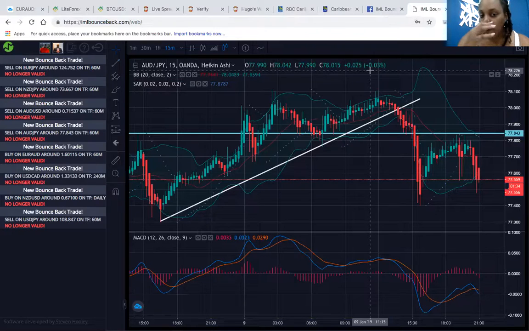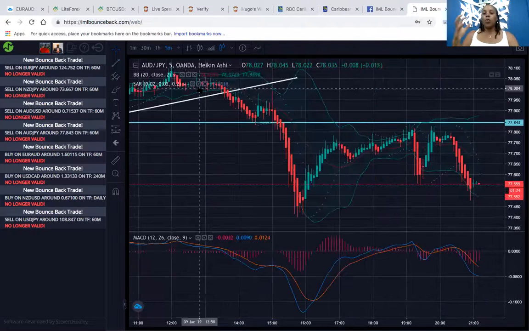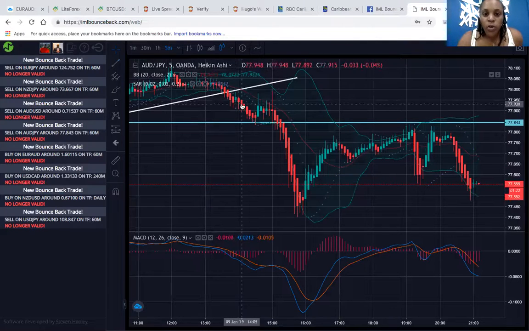So guys, I can add an additional one in terms of entries, because yes, you could have entered here. If you need a better look at where to enter, you can wait. For example, you can come down to the 5-minute time frame, right? Where it would have broken structure, and then you had this candle retesting the trend line.